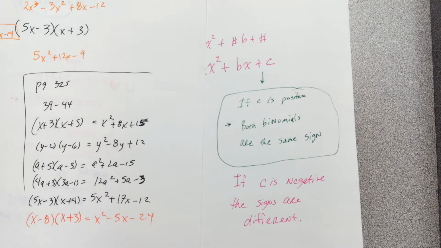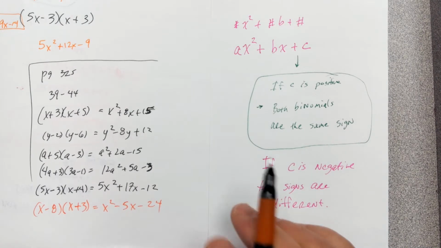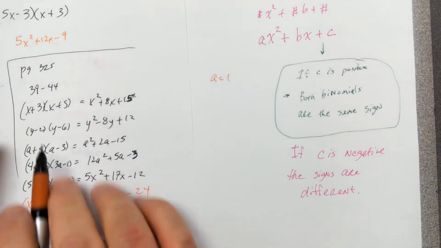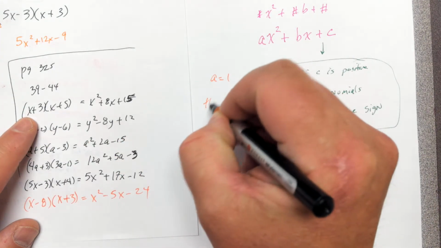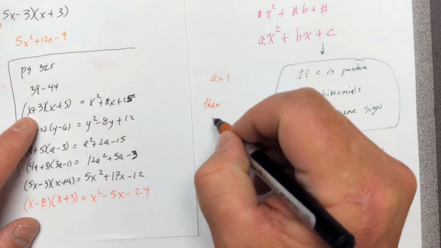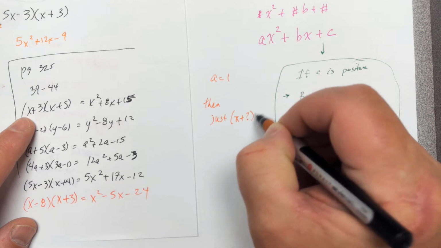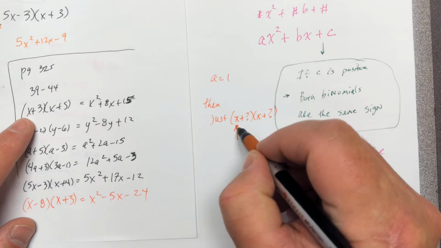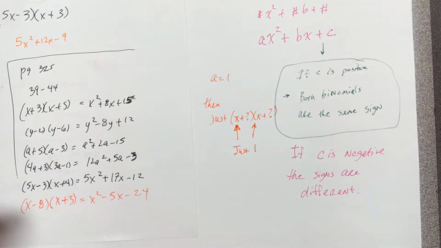Okay. Let's see here. Now here's the other thing I wanted to show you. If a is 1, then these are both just the variable, right? Those are just one.